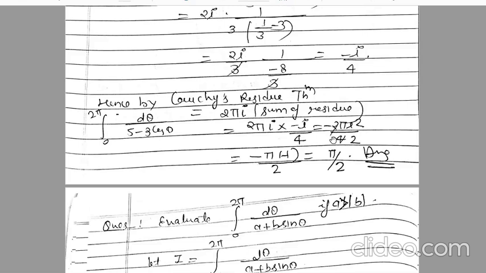So just multiply: i square 2 upon 4, that means 1 by 2, and i square value you can write as minus 1. So your final answer is pi upon 2, right? And this is your definite value. So this is the final solution of your definite integral involving sine and cosine.